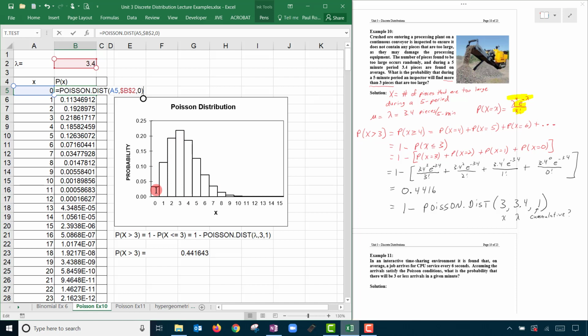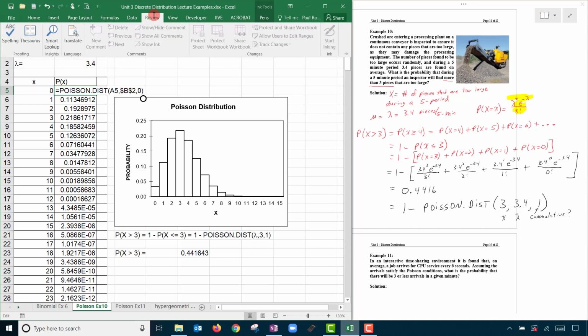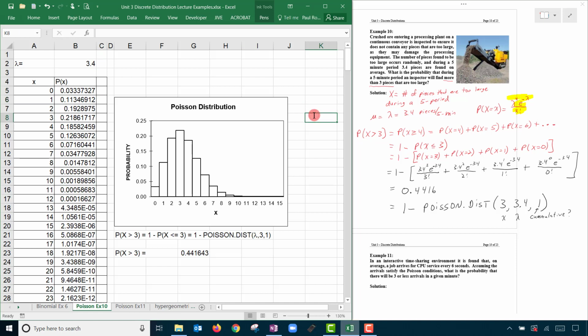Anyway, to get my final calculation, that's just here. I did 1 minus Poisson.dist of 3 or less. I did my 3.4.